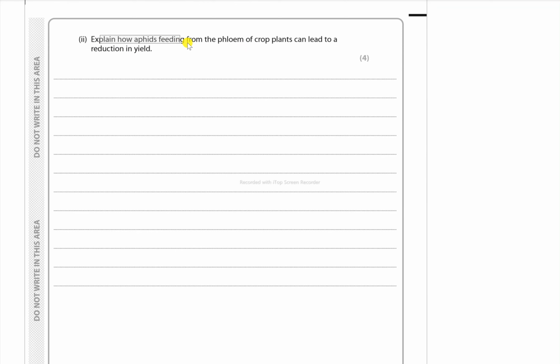Right. Explain how aphids feeding on the phloem can lead to a reduction in yield. So that's another way of saying less crops. Yeah, yield, you want a high yield.